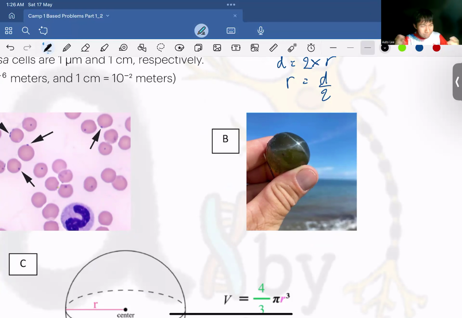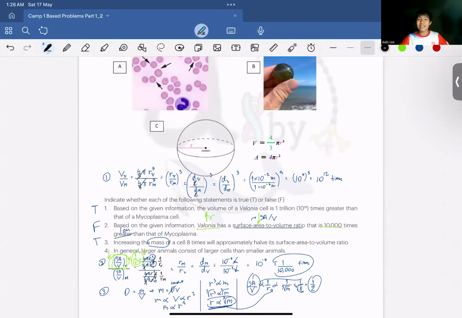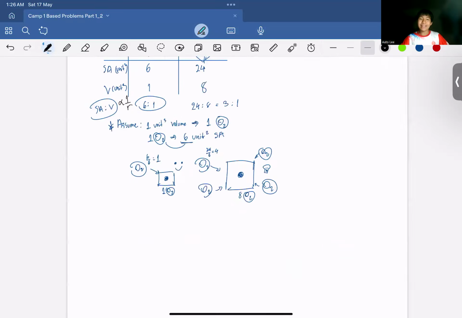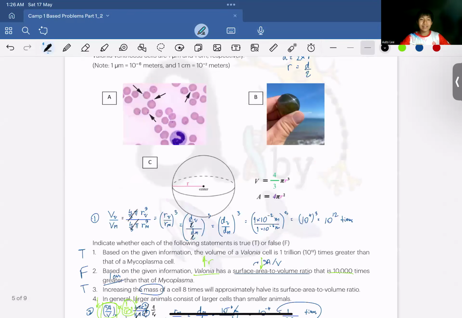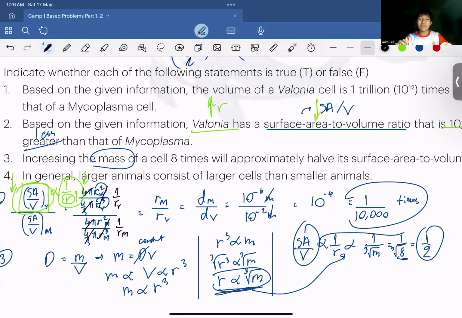But for most living things, most multicellular living things, will obey this rule. And this is why most cells stay small. That means for our statement in number 4 here, larger animals don't consist of larger cells. Their cells have the same size as smaller animals.